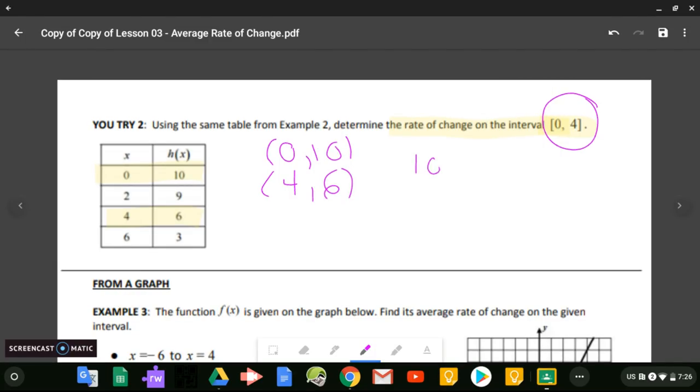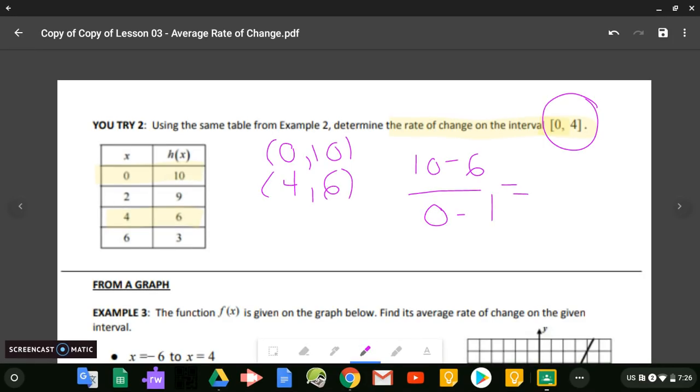And I'm going to take the difference in y's over the difference in x's. So here, these are going to be nice numbers. So we're going to do, I flipped it. Let's fix that. So this is going to be 4 over negative 4. So this is negative 1.